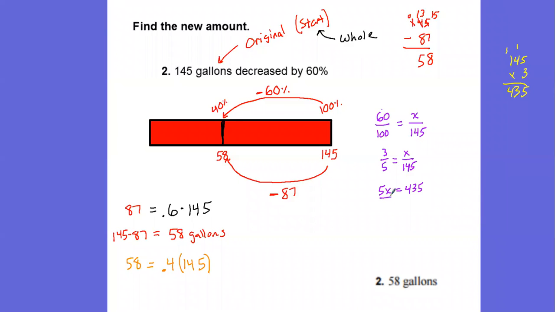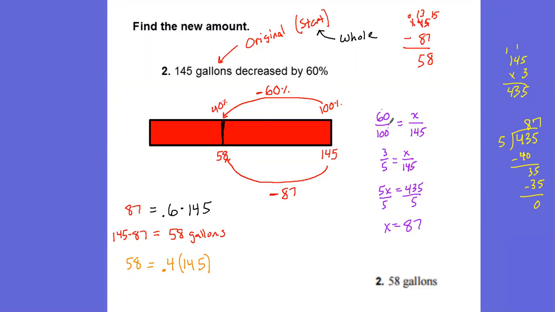Then divide by 5. 435 divided by 5: 5 won't go into 4, but it will go into 43 8 times, 8 times 5 is 40, subtract, you get 35. 5 goes into 35 7 times. Subtract, you get 0, and there's the 87.